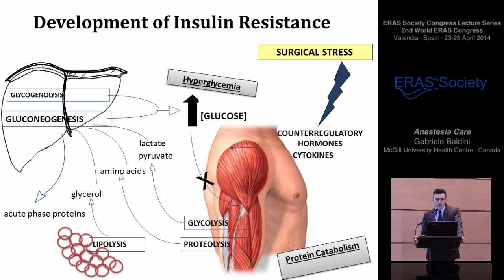Surgical stress is represented by the development of insulin resistance, caused by the release of catabolic hormones such as cortisol, glucagon, and catecholamines that increase plasma glucose level, increase proteolysis to create acute phase proteins, and also increase glycolysis and glycogenolysis. The result is less glucose for cells to properly work.